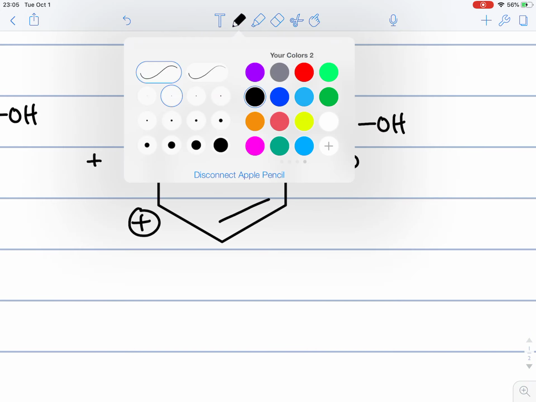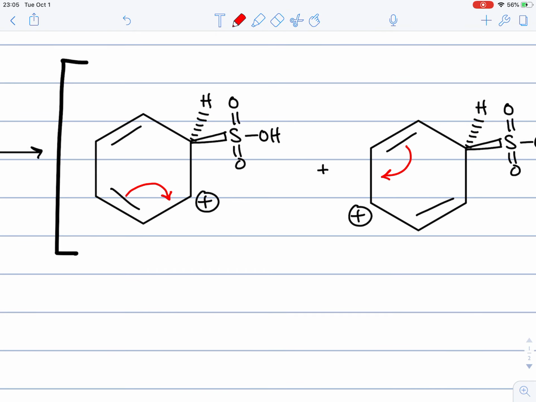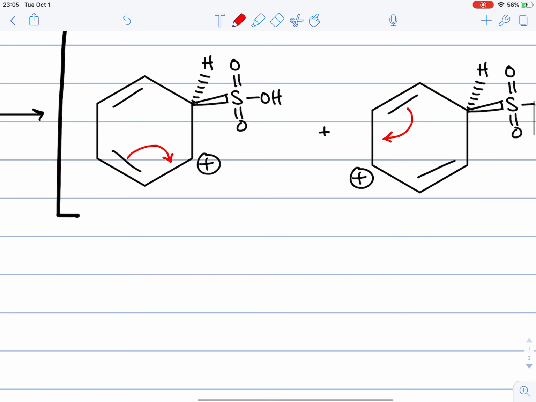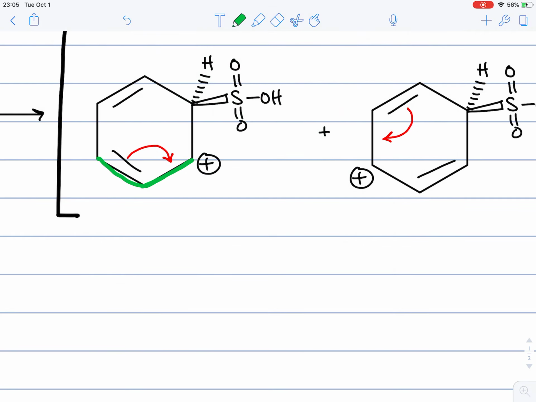Now we do it again because the resonance structure continues. A comment that's really important: this structure, I'll do it in a different color, green. So we have this and this. It's allylic.